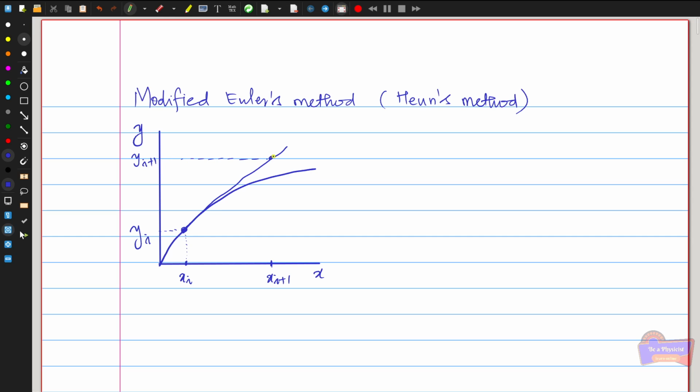This will be the numerically calculated value, and the difference between the numerically calculated value and the exact solution is called the error.